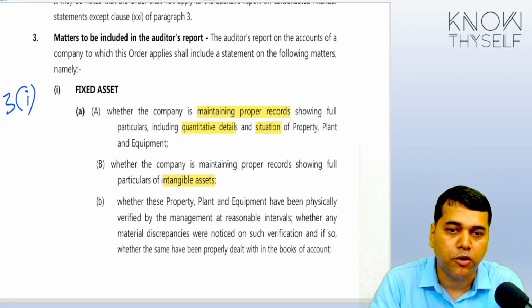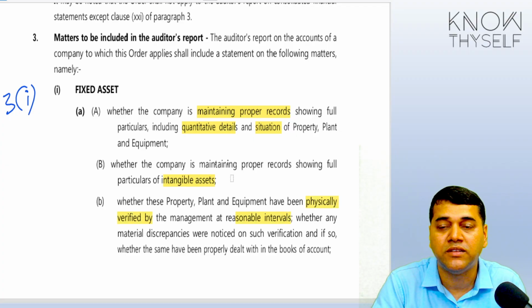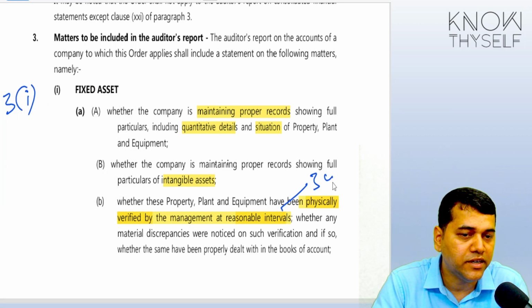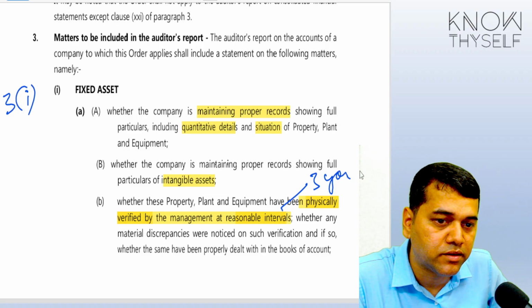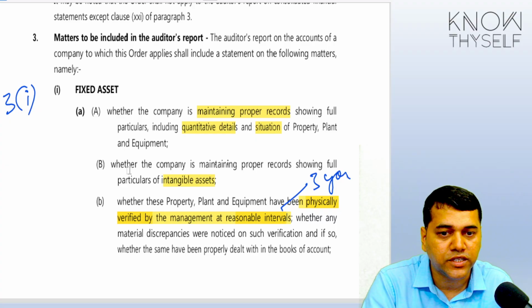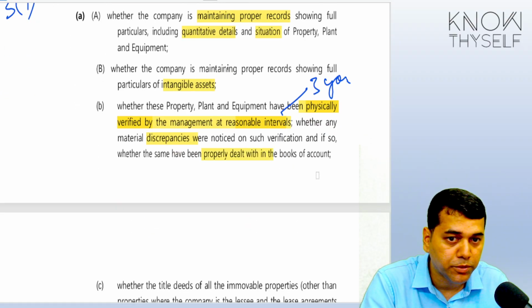Whether the property, plant and equipment have been physically verified by the management at a reasonable interval. Generally this interval will be 3 years. Every year it is not possible; only inventory is verified every year. Whenever you do the physical verification, was any discrepancy noticed, and whether they have properly accounted for it in the books of accounts. This is what you need to report.